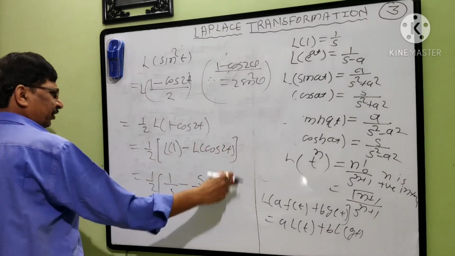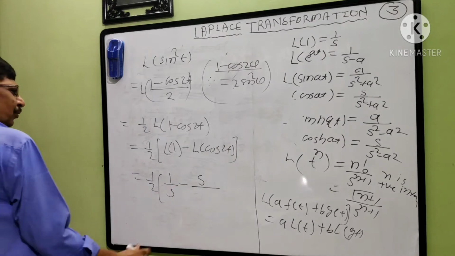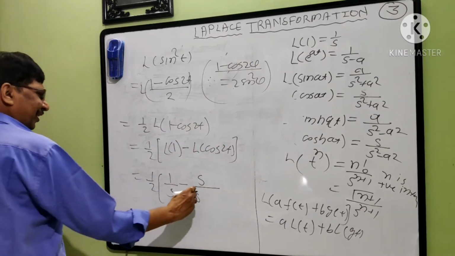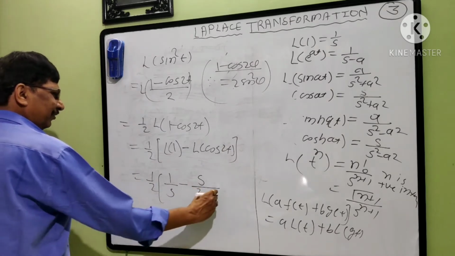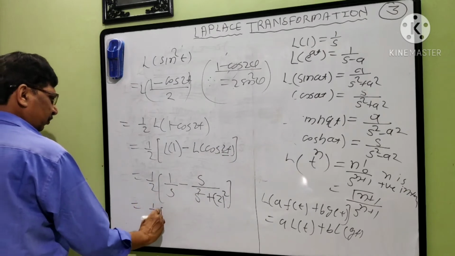But in terms of cos, definitely in the numerator there is an s. Now it is simple trigonometry, that means s square plus a square. A square means 2 square, a means 2 here, that is 1 by 2.